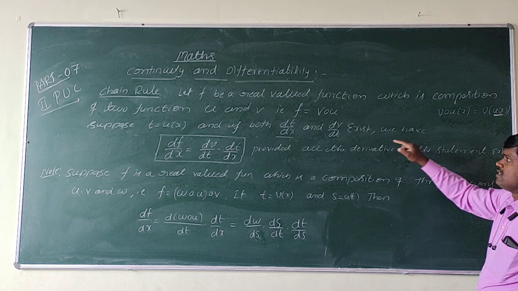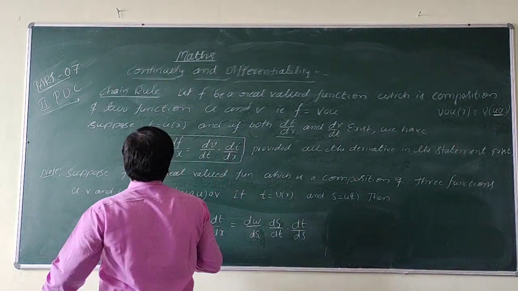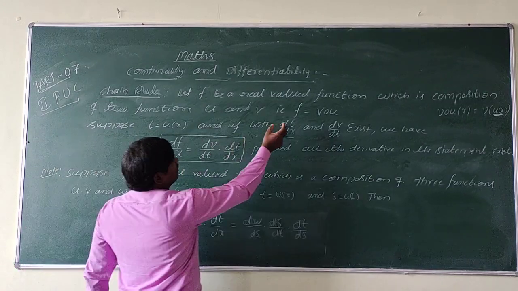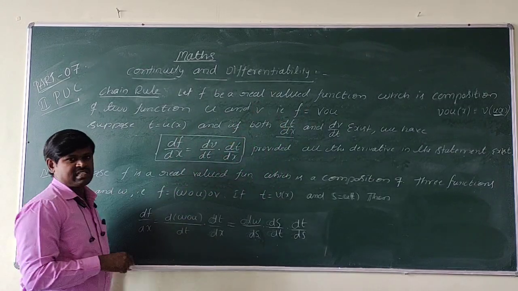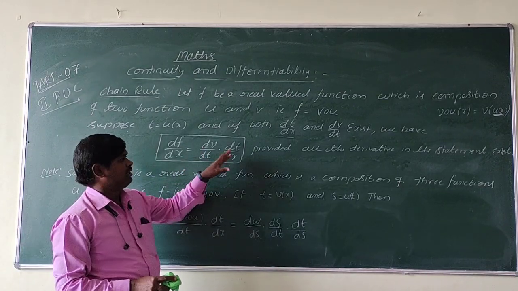Then we have df by dx, that means the derivative of the given composition function, which is given by dv by dt into dt by dx.